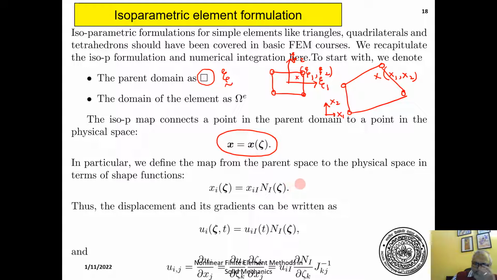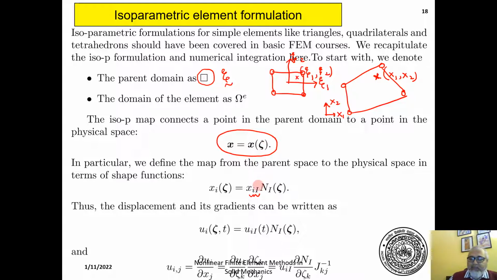And any point in the physical element is as usual interpolated from the values at the nodes using these shape functions Ni. So as usual we write xi equal to NI xiI, where, as you remember, I capital I and small i have to occur together. Capital I denotes the node number and small i denotes the direction.